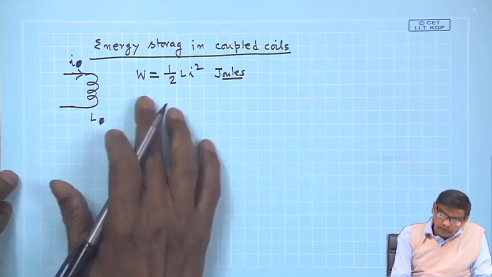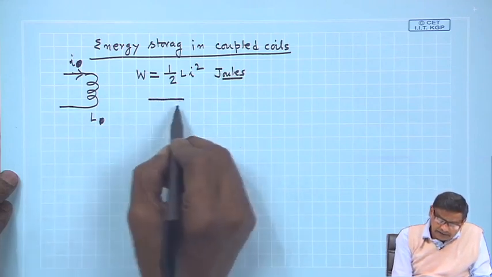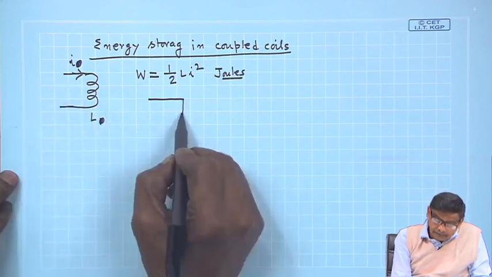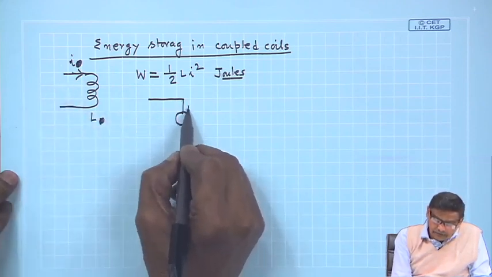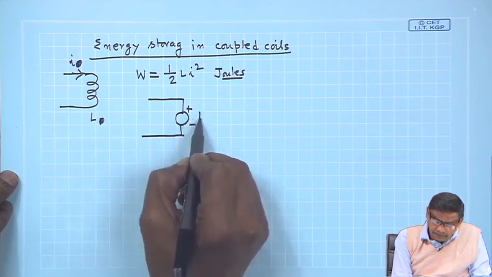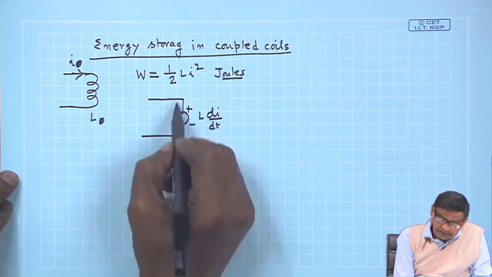Okay. And how do you get it? Very simply, it is like this. Since this is L, this is I. As I told you, it is better to represent this as a voltage drop in this way. L dI/dt is the voltage, is it not?